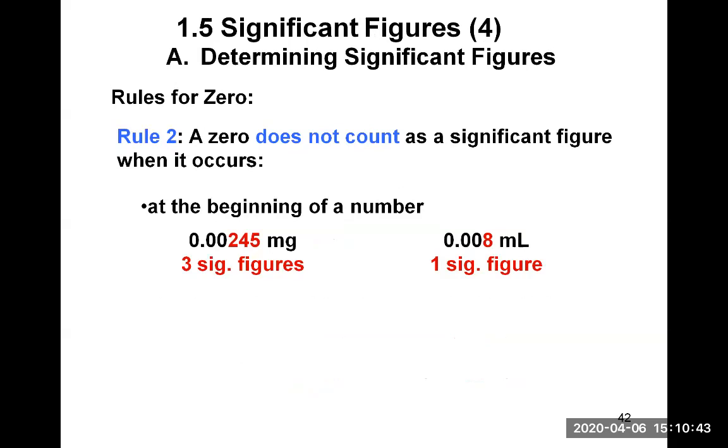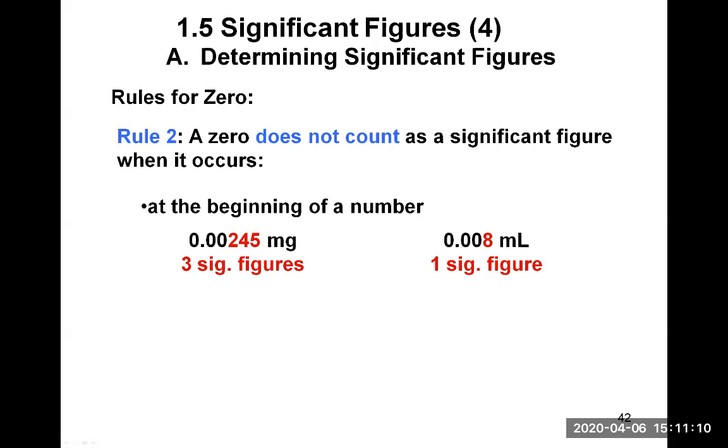A 0 does not count as a significant figure when it occurs at the beginning of a number. So let's say we have 0.00245 milligrams. In that example, the first 3 zeros are not significant. They come before a non-zero digit, and so they do not count.